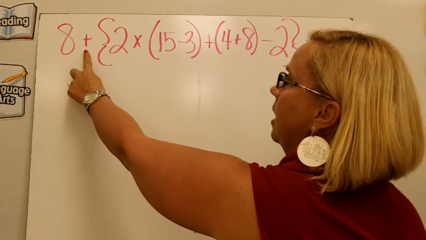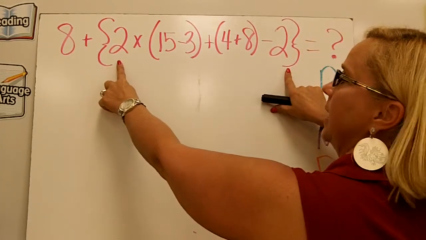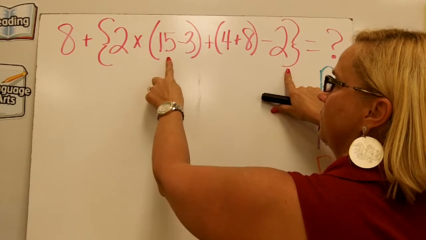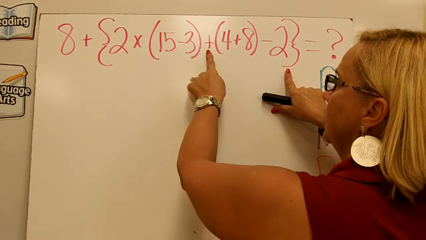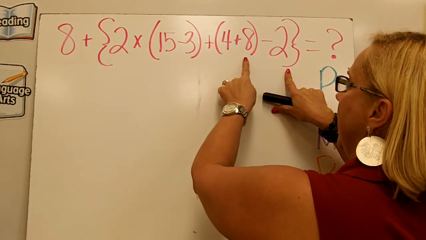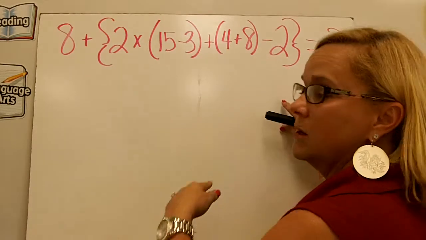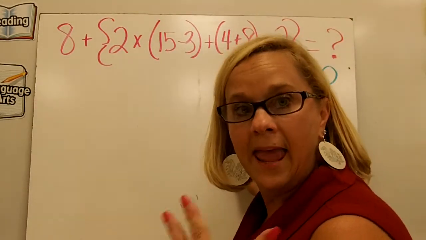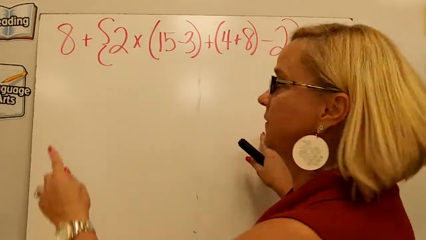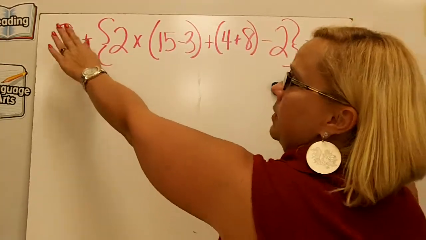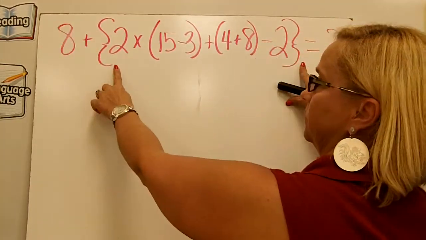I have 8 plus, and then inside the brace, I have 2 times 15 minus 3 plus 4 plus 8 minus 2. So what we're going to do is we're going to look at everything in the brace first. All of this. The only thing we're not going to look at is the 8 right now.